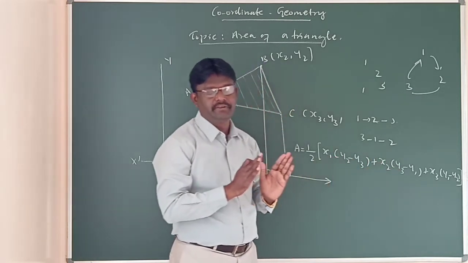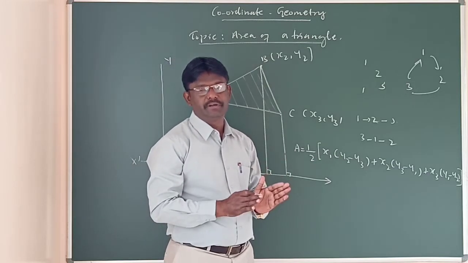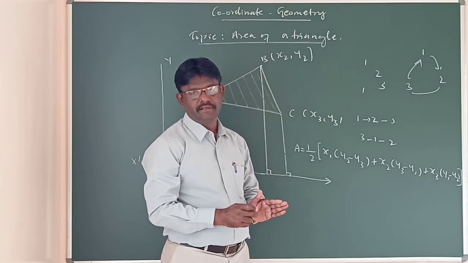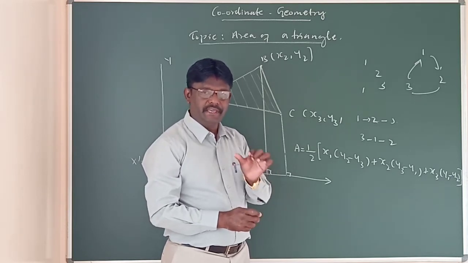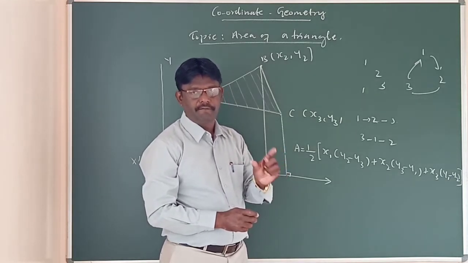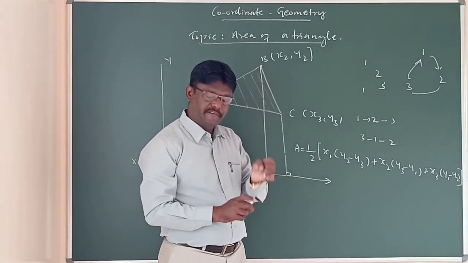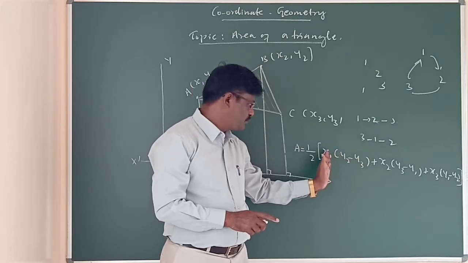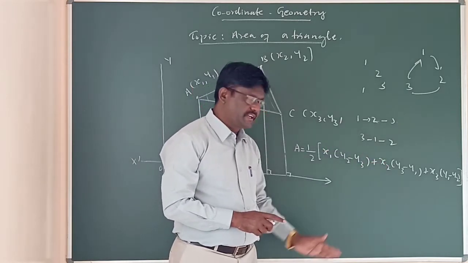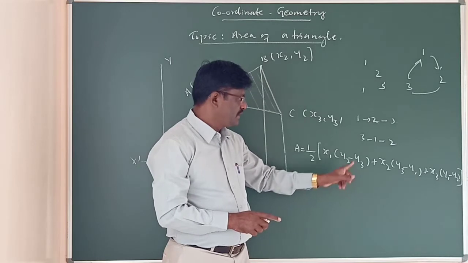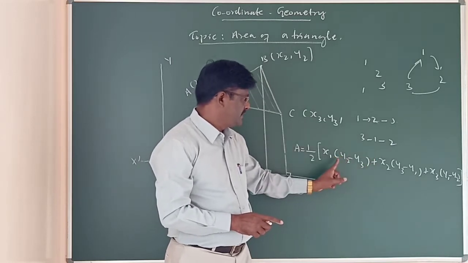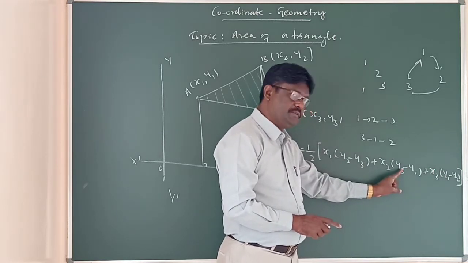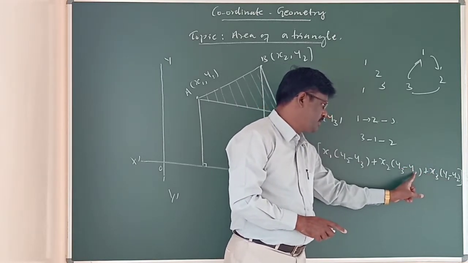In general, in a simple way, we can remember the formula like this. Area of a triangle when vertices are given: A equals half of x1 into y2 minus y3, plus x2 into y3 minus y1, plus x3 into y1 minus y2.